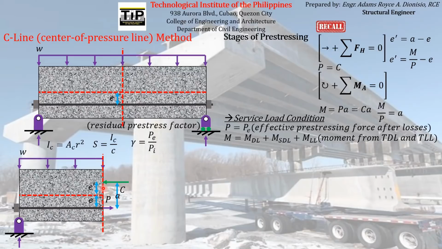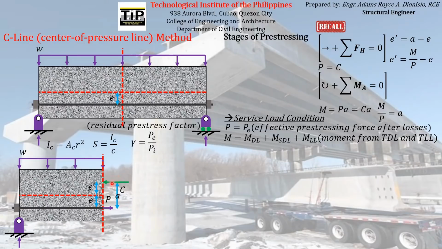So actually, the magnitude of E prime, or in other words, the location of the total compressive force C acting on the concrete element, will vary starting from E prime equal to E. As you have seen in the derivation of the basic concept method, if the only force acting on the left segment of the concrete element is the pre-stressing force alone, the total compressive force acting on the concrete will be located at the same location as the pre-stressing reinforcement, which is here.